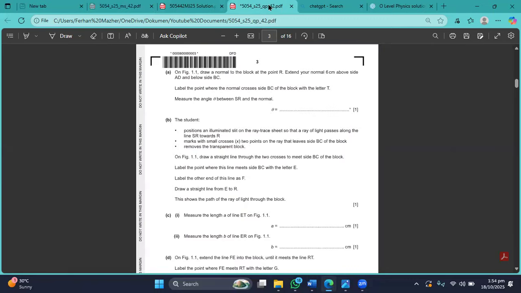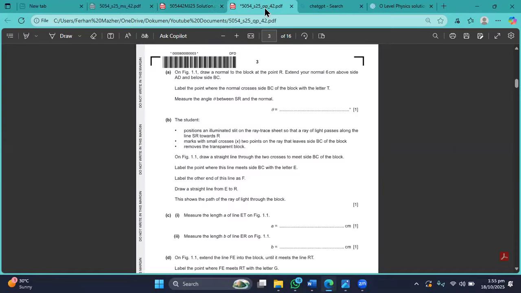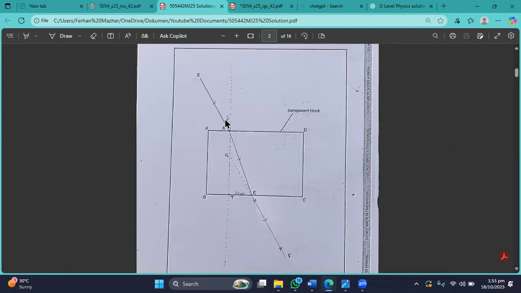Then they say label the point where the normal crosses the BC of the block with the letter T. Measure the angle theta between the SR and the normal. So when this normal intersects the BC side, you will name that point as T. You can see here, I have written T, and the angle between this normal and the SR is the angle theta. You have to measure it with the help of the protractor.